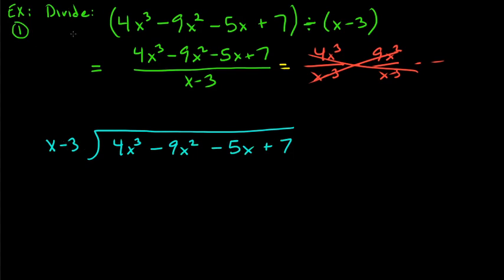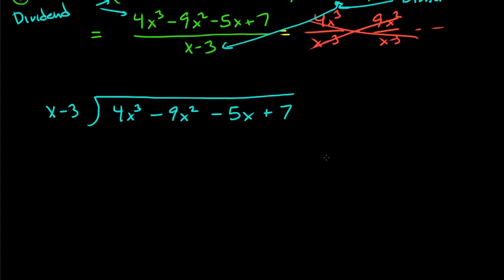The numerator is sometimes called the dividend. It's the thing you're dividing. And the denominator, or the thing you're dividing by, is sometimes called the divisor. So the divisor here is x minus 3. The dividend is 4x cubed minus 9x squared minus 5x plus 7.